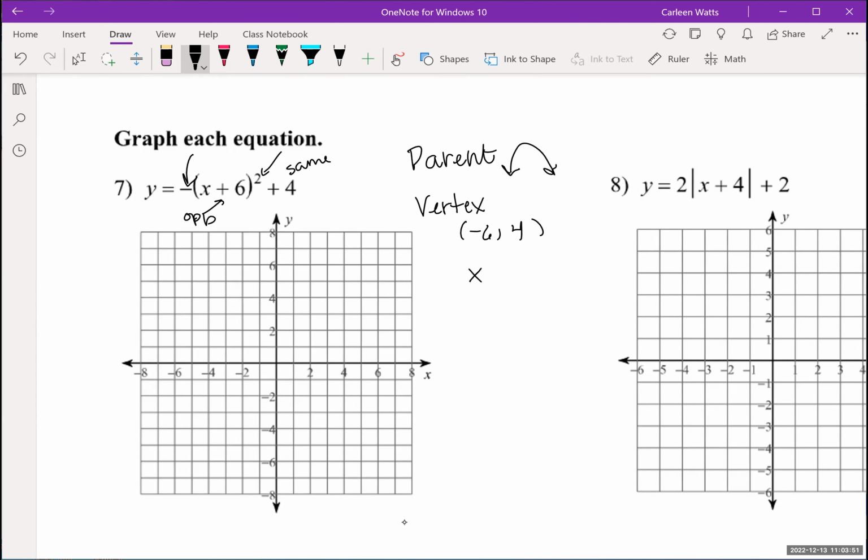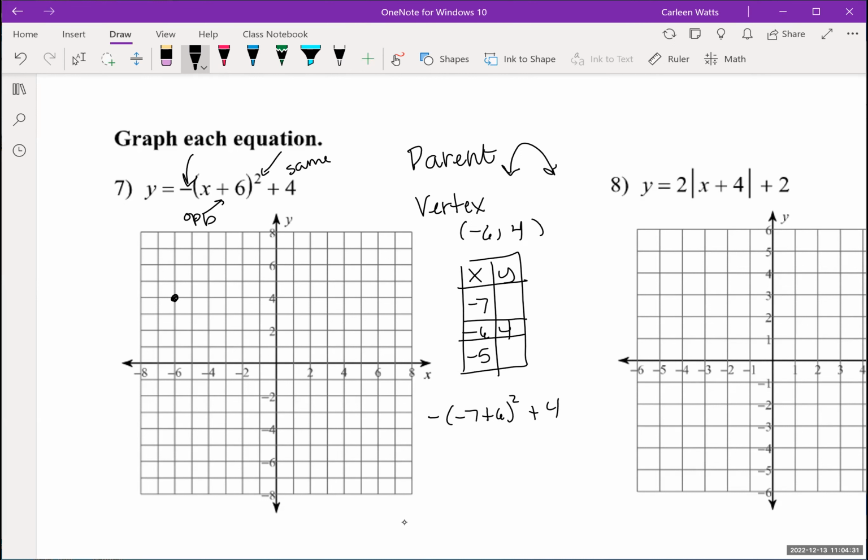Okay, let's make a table. So we know that -6, 4 is in the middle of my table. To the left is -7, to the right is -5. So now we're going to plug in negative of -7 plus 6 squared plus 4.